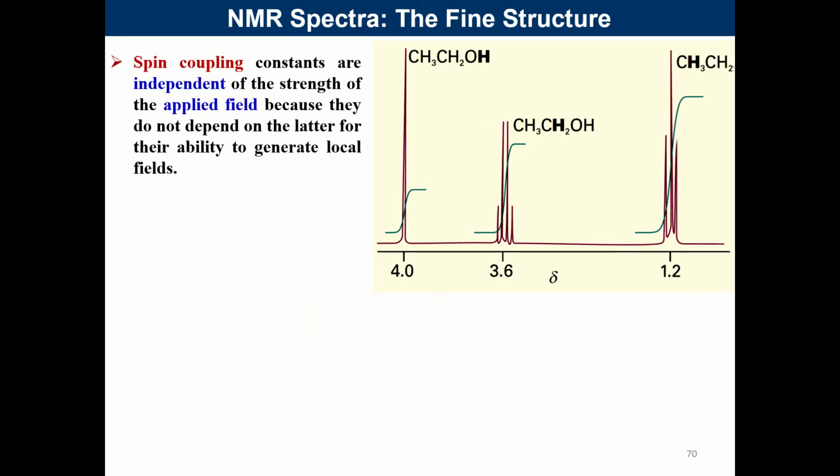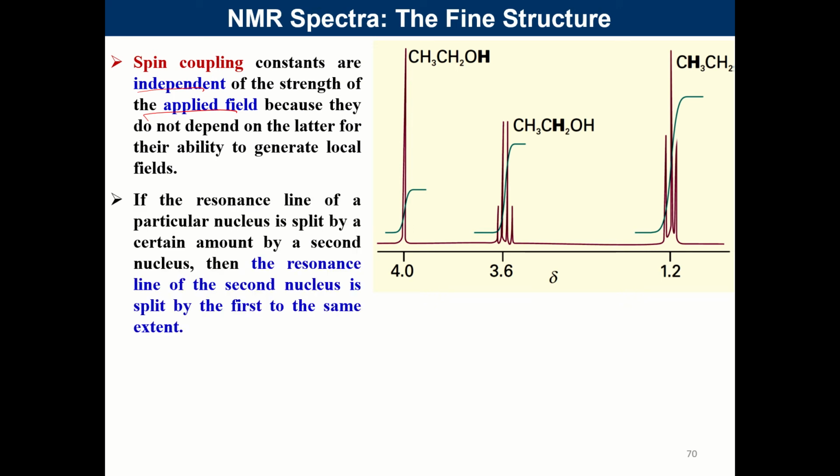So it's not difficult to find. So the spin coupling constant is inherent to the two nuclei. It is not dependent on the applied magnetic field. It is independent of the applied field.